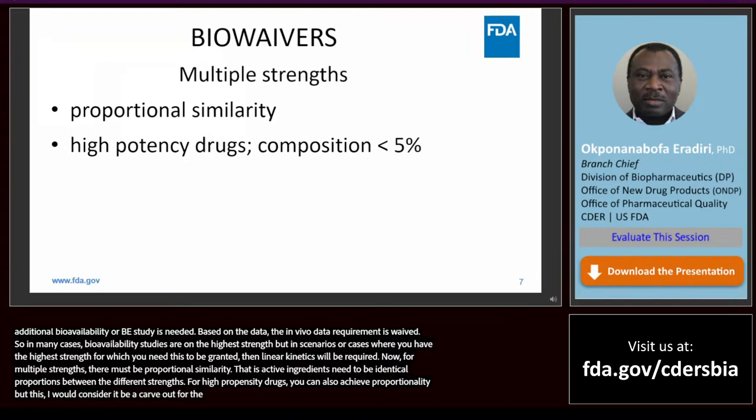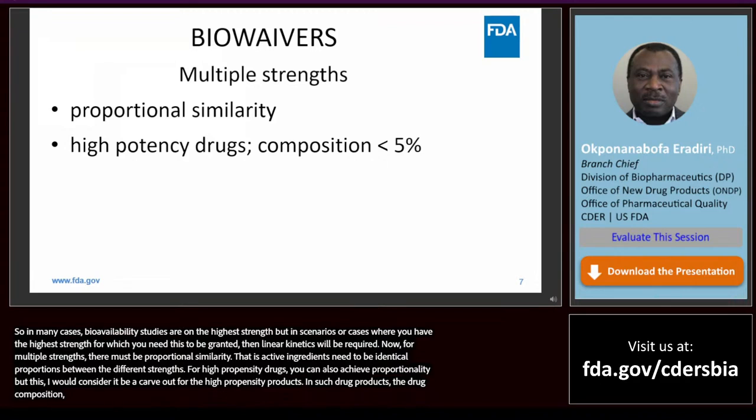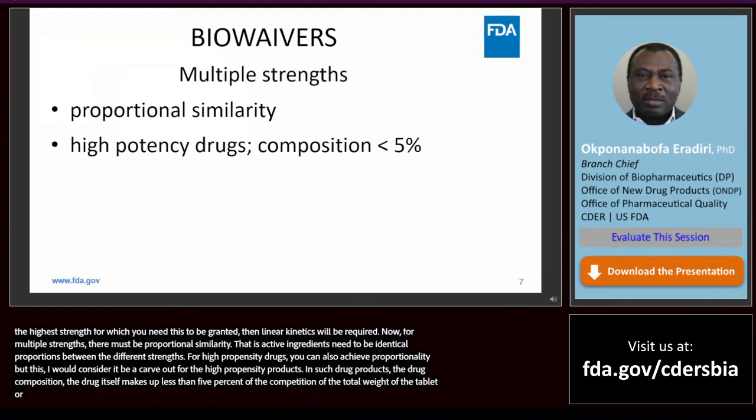In such drug products, the drug itself makes up less than 5% of the total weight of the tablet or the capsule contents.